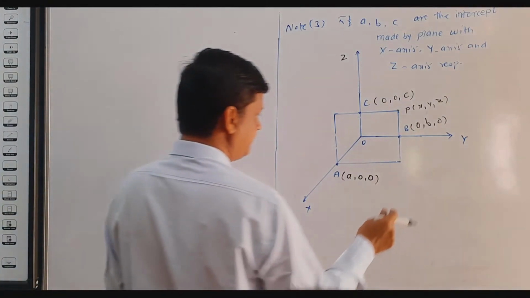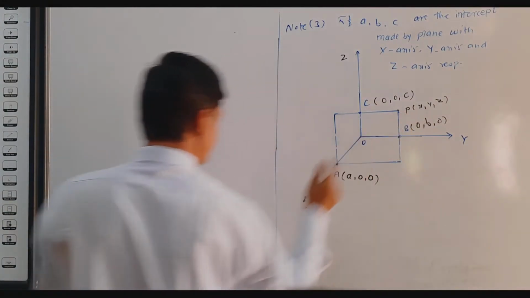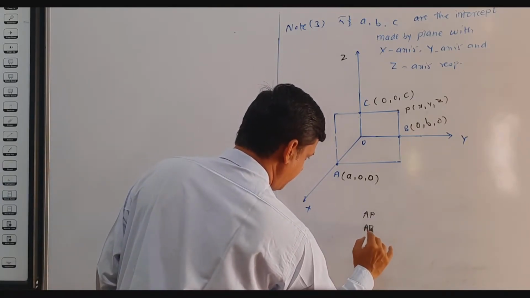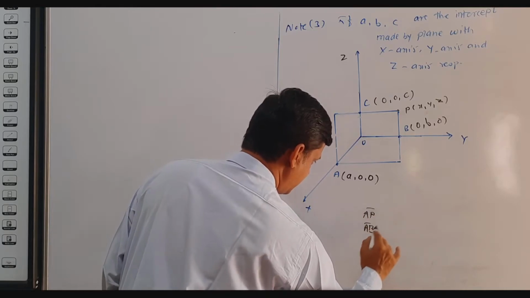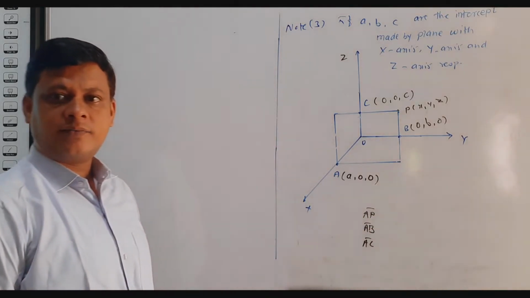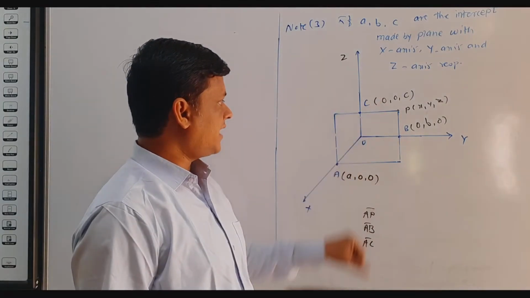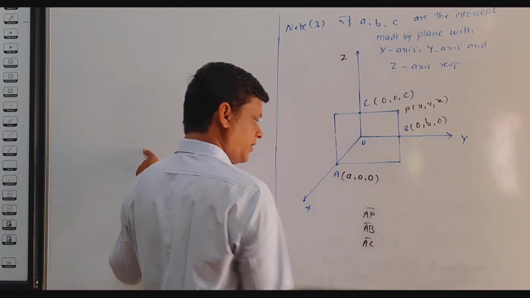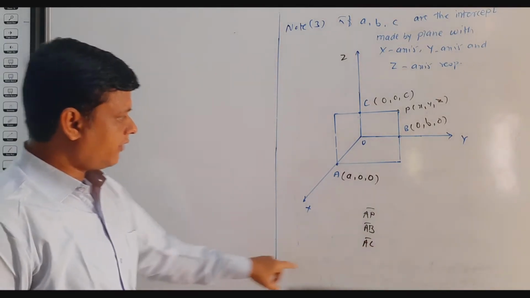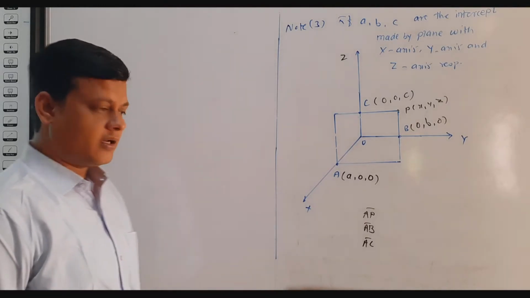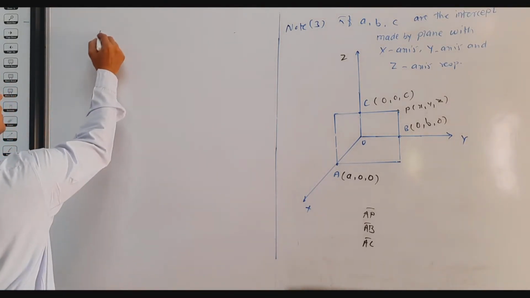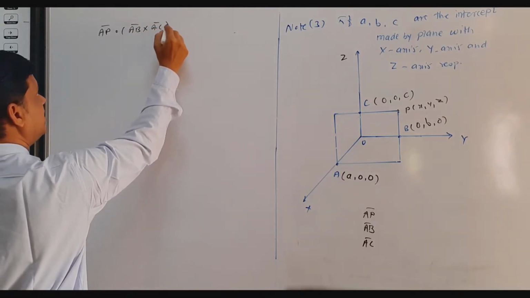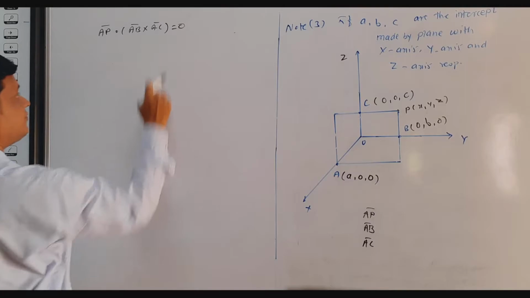Vector AP, vector AB, vector AC are coplanar because these 4 points are coplanar, and we know that when these 3 vectors are coplanar, vector AP dot vector AB cross vector AC is equal to 0.